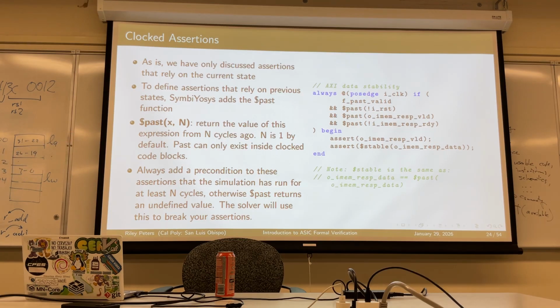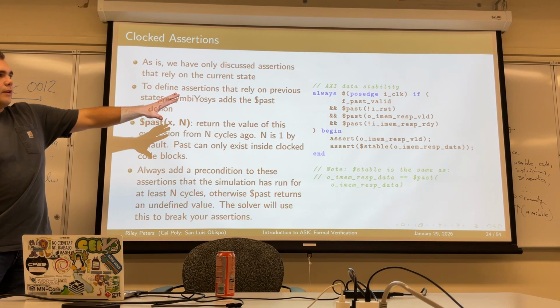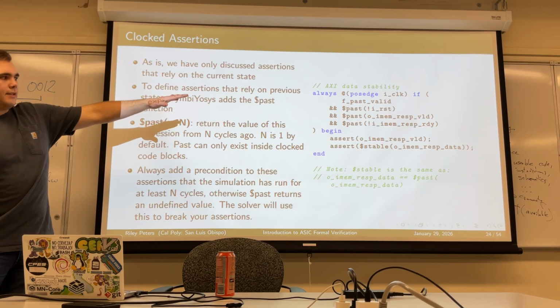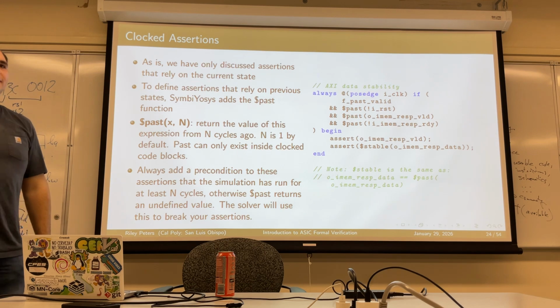So if you're in cycle 1 and you encounter a past call, the past doesn't exist yet. And so the solver is free to choose whatever value it wants, and it'll choose the one that breaks your design because it can. So you always have to add a precondition that guarantees the past exists before you use the past functions. Yes? Is there a future?